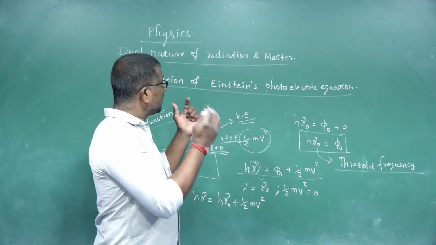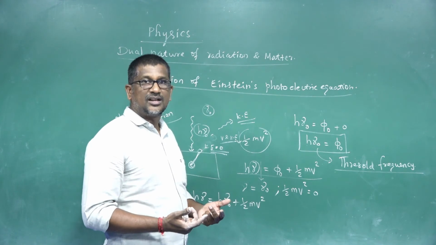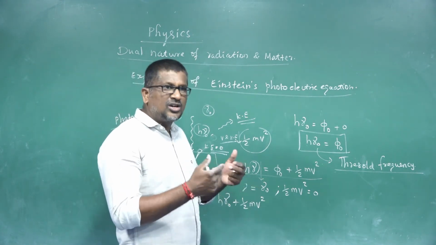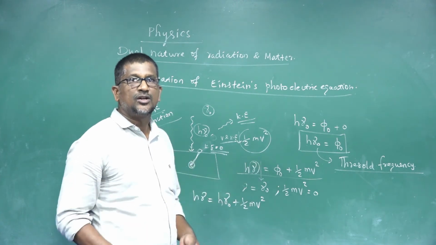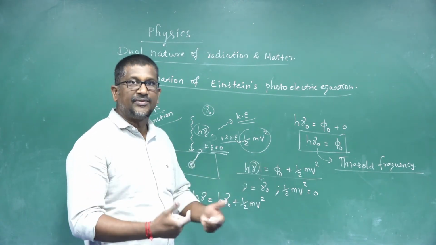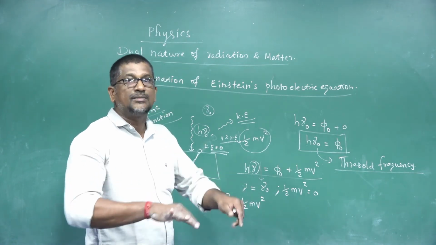Suppose during the photoelectric effect, the electron does not undergo any internal collision. If there is no internal collision during the photoelectric effect, the electrons are ejected with the maximum kinetic energy.